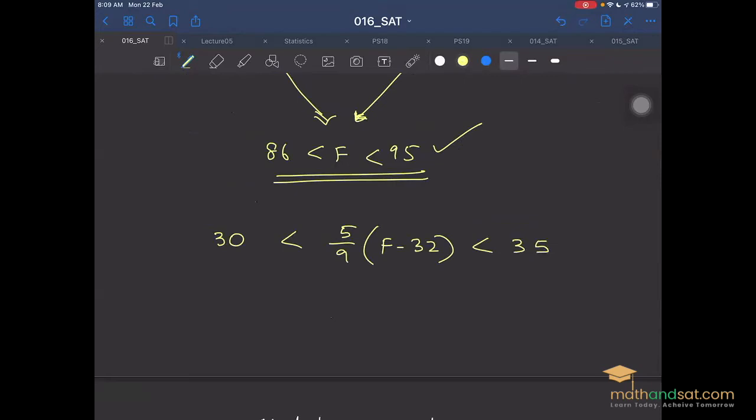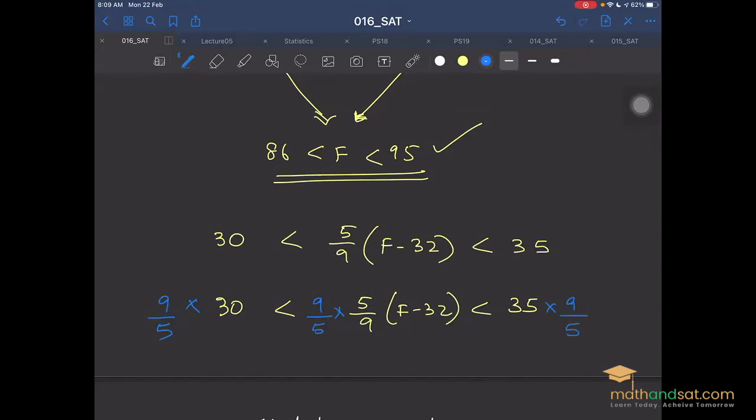Now listen carefully. I'm going to multiply the entire expression with 9 over 5 to get rid of this 5 by 9. And you are multiplying with a positive number, so it's absolutely fine.